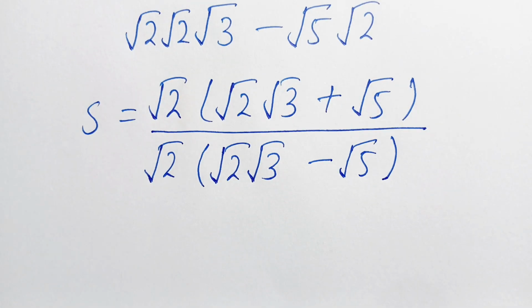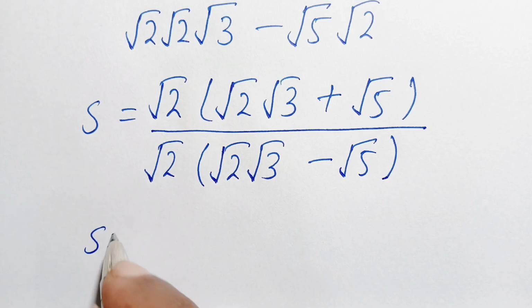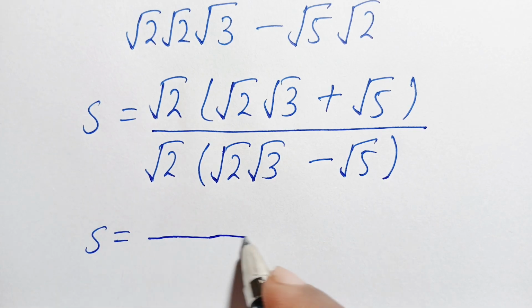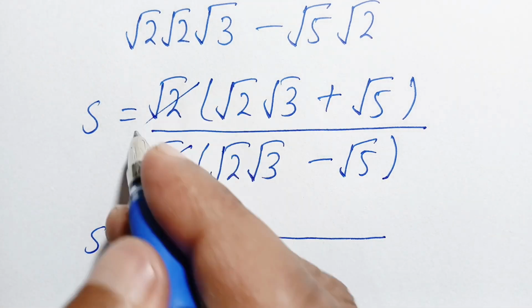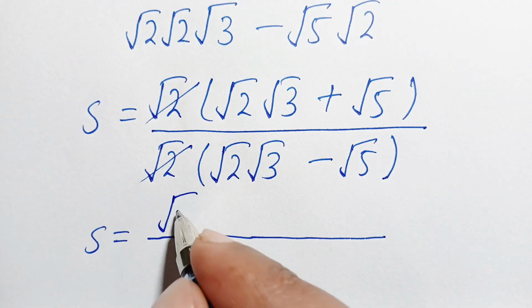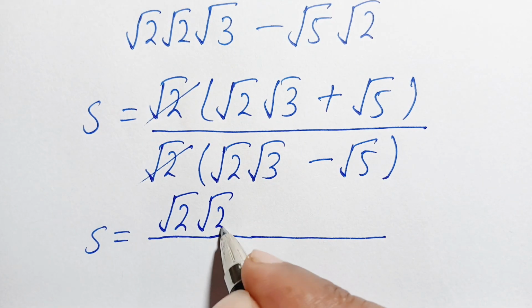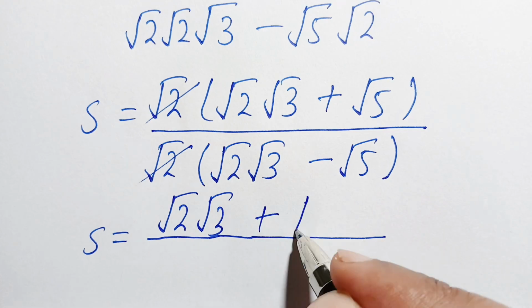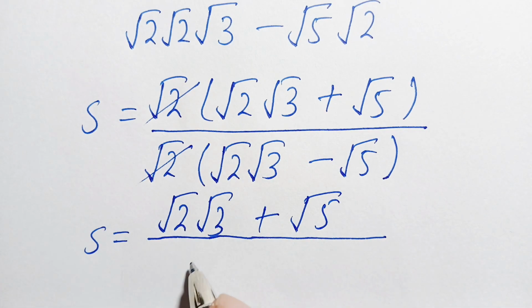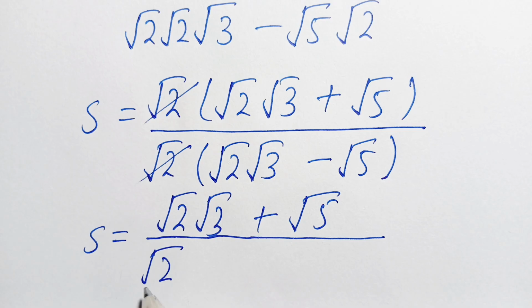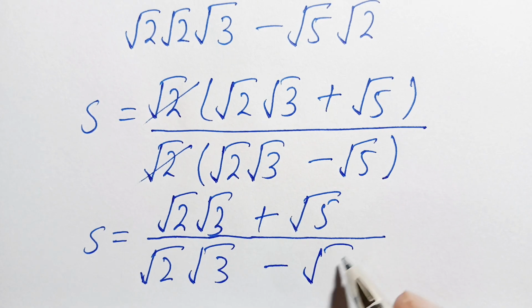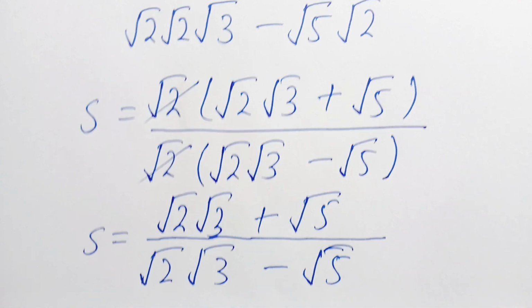Now S equals under root 2 under root 3 plus under root 5 over under root 2 under root 3 minus under root 5.